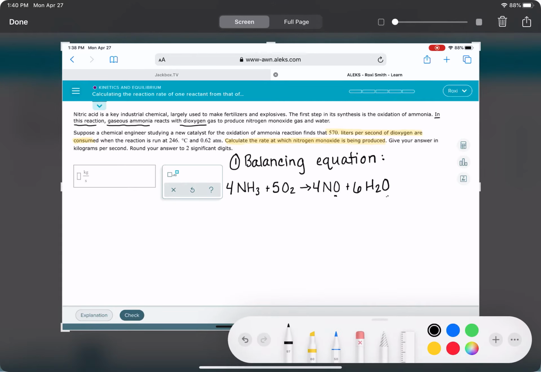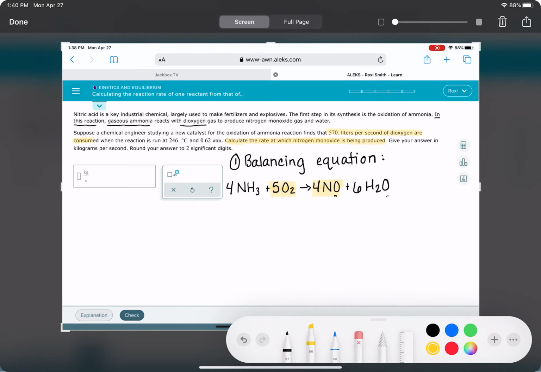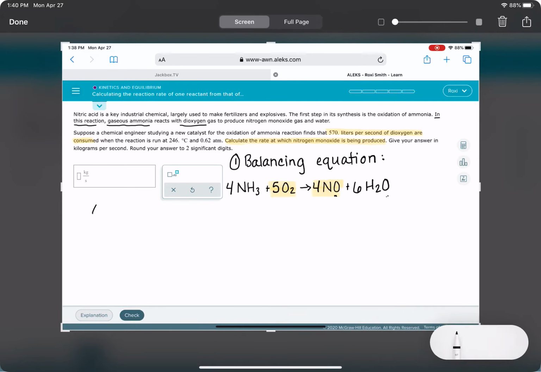And then let's highlight the information that we have in the problem. We have information about O2, and we're being asked to calculate the rate of the reaction of NO. So what is the relationship between these two guys? Well, O2, change in O2 per time.